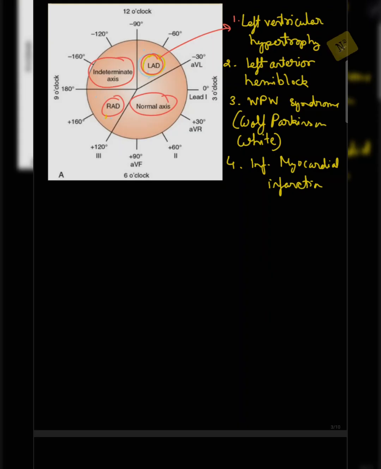The right axis deviations are usually found in conditions like right ventricular hypertrophy.